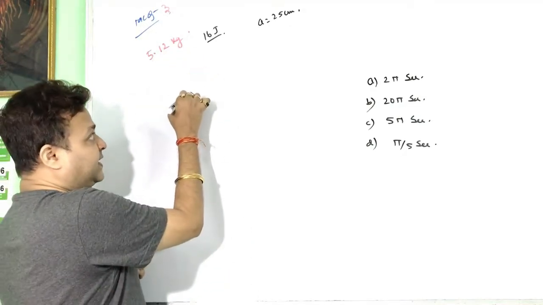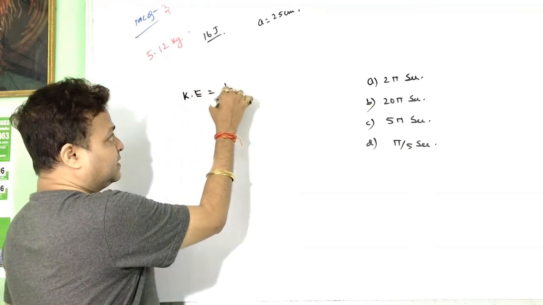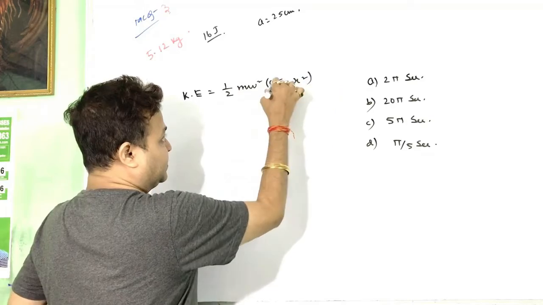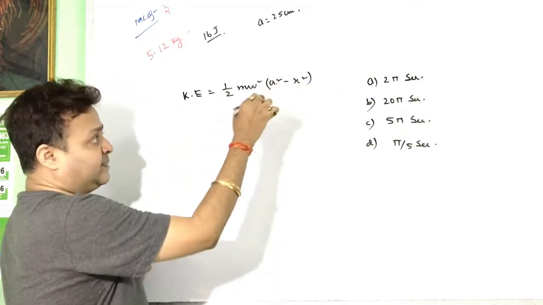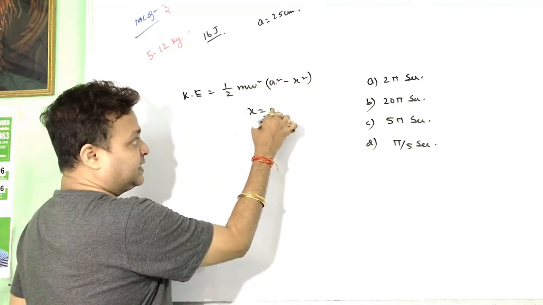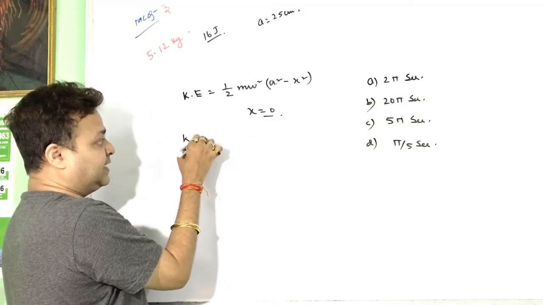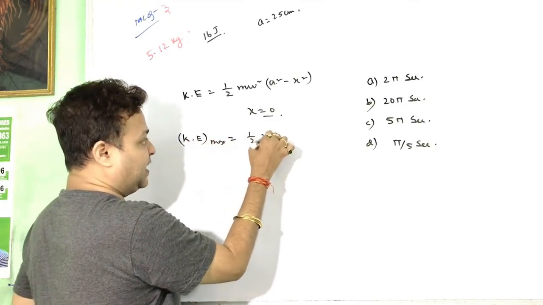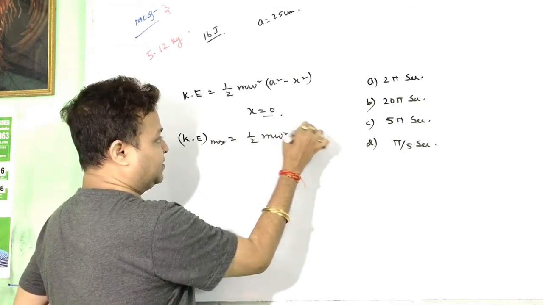What is the formula of the kinetic energy? Half m omega square into a square minus x square, and when it is at the mean position, that is x equal to 0, the kinetic energy is maximum, na? That is half m omega square a square.